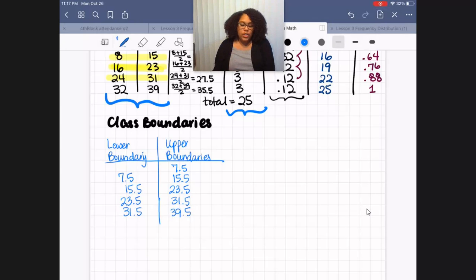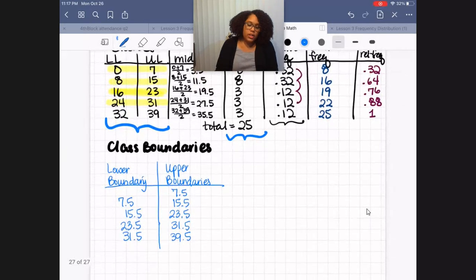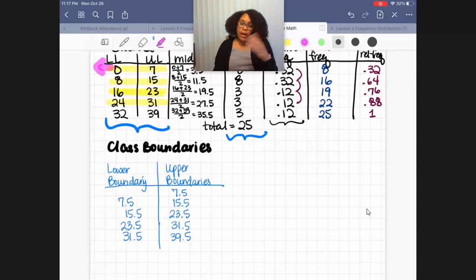And now what we're going to do is extend one more time at the very end and at the very beginning. So I'm going to go back to the very beginning, which is the 0. And I'm going to stretch that back a half also, which is going to take me into the negative side of things, but that's okay.